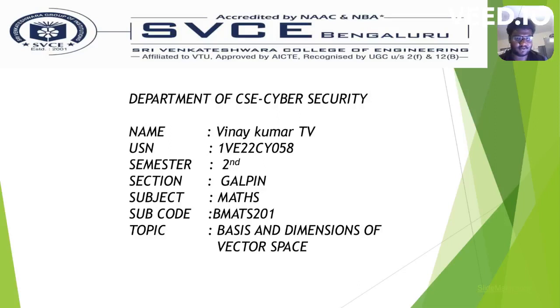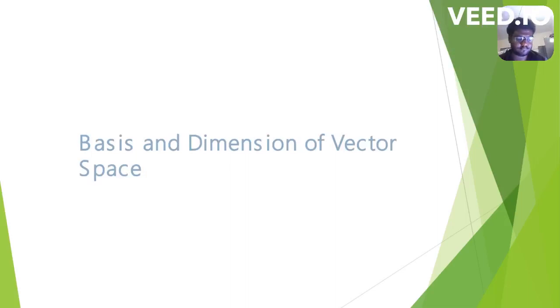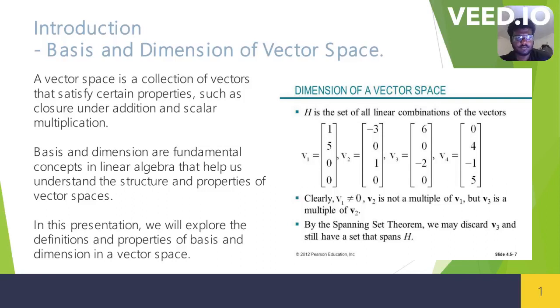Today I am here to explain a topic: basis and dimensions of a vector space. So, coming to the introduction of basis and dimensions of a vector space. A vector space is a collection of vectors that satisfy certain properties, such as closure under addition and scalar multiplication.